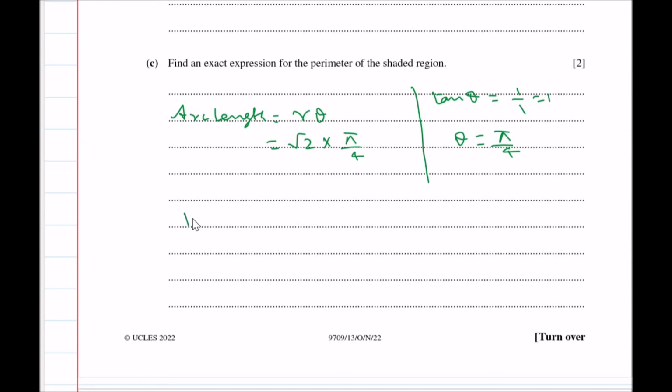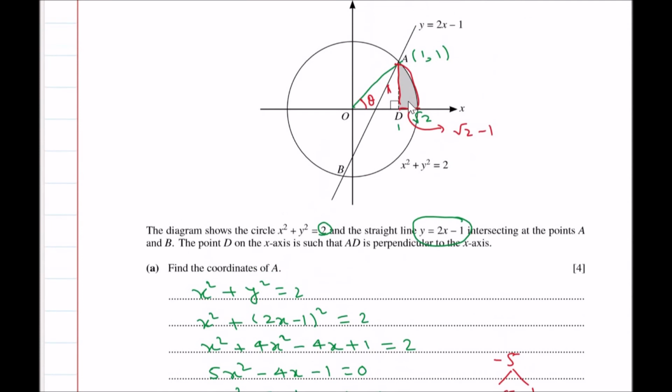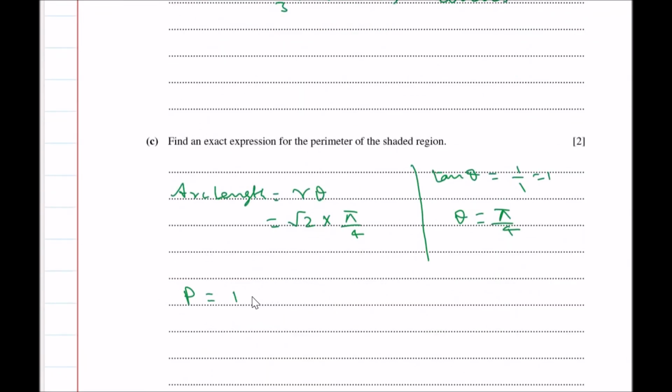Now to find the perimeter, what we'll do? We'll take 1. 1 is this AD, 1, and this we got already, 2 root 2 minus 1. So 1 plus root 2 minus 1 plus the arc length. Arc length is pi root 2 divided by 4.